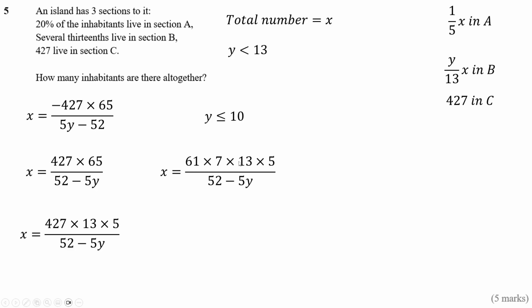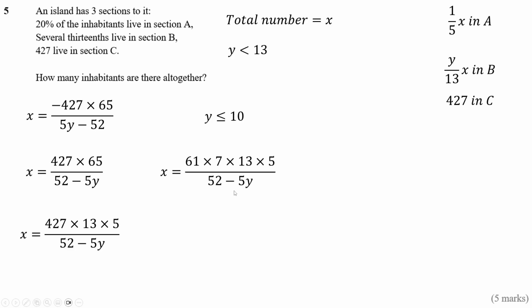The reason why I did all this, let me explain it now, is so that whatever denominator we get, we'll be able to immediately see if it cancels out with this. Because if it doesn't cancel out with these prime factors, then we'll 100% have a fraction for x, and we don't want a fraction because they're people, they're going to be whole numbers. So we need this bottom number to cancel out with either 61, 7, 13, or 5.